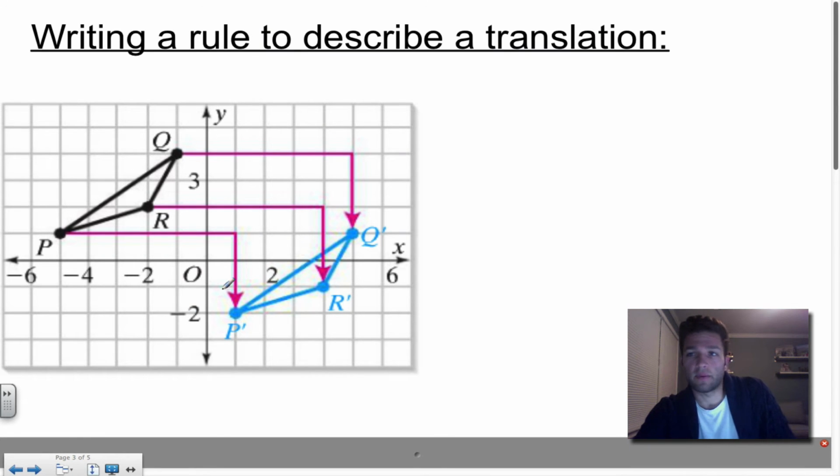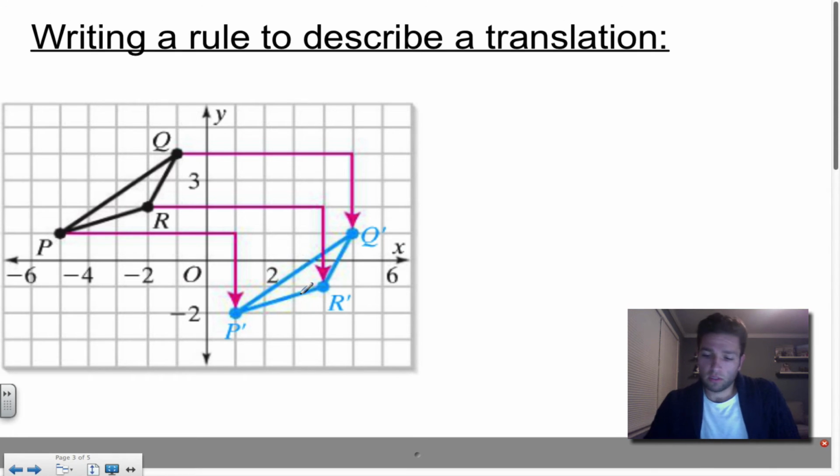And the last thing that we're going to look at in this section is writing a rule to describe a translation. So I'm looking at the exact same example from the very first slide, QPR, and then Q prime, P prime, R prime. To write a rule for a translation, it can be a little bit tricky at first, but you just need to see it once or twice to pick up on it.